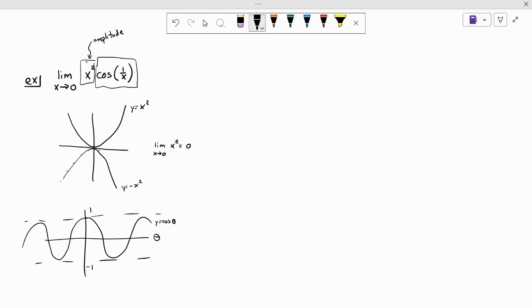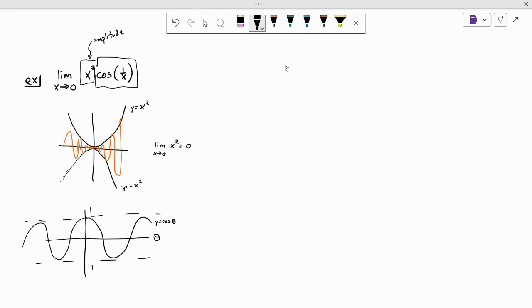It's an amplitude that decreases as x approaches 0. So you can imagine your cosine is oscillating, but the amplitude of x squared goes to 0 as x approaches 0. So you can almost see the two bounding functions there.